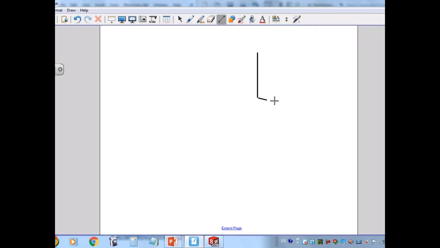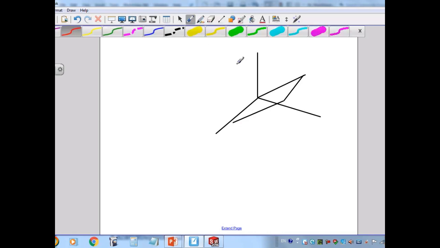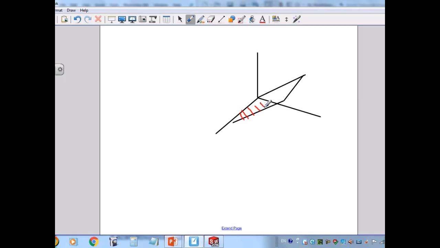For example, if the space is given like this, this is X, Z, Y, it is bisecting the Z, Y plane into two halves.